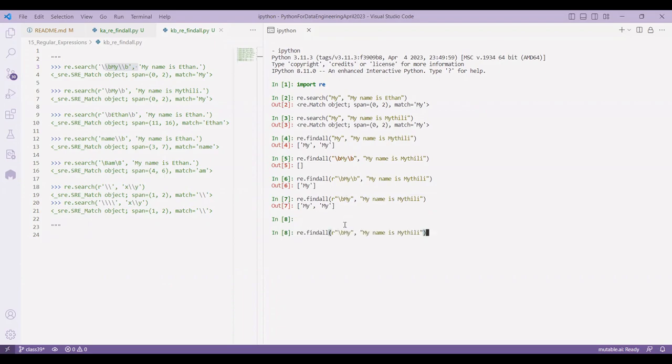At the same time, if I go for one more thing, \b on both sides means there should not be any white spaces on either side. That's what I told. But on the left side there is a white space, for this Maithili, so that's why you don't get it.